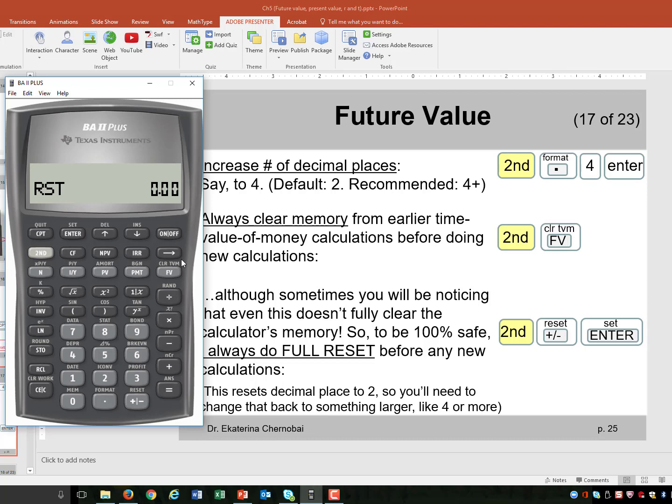Now everything is clear. Unfortunately, the decimal places also go down to the default number of 2. So that is a little price you're paying for making sure everything is 100% cleared in your calculator before you start something new.